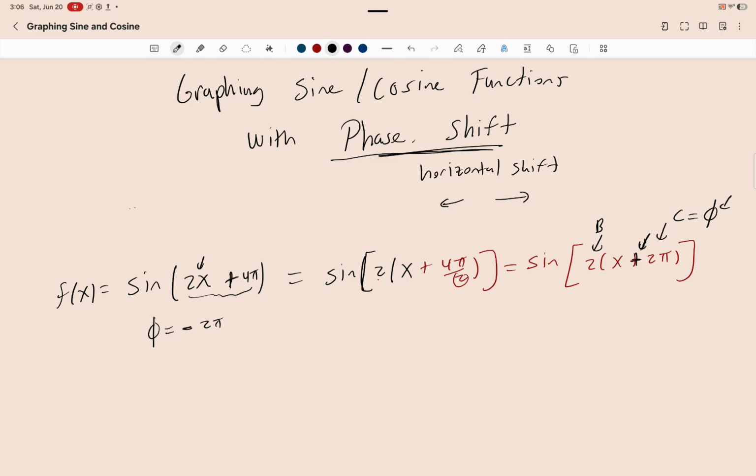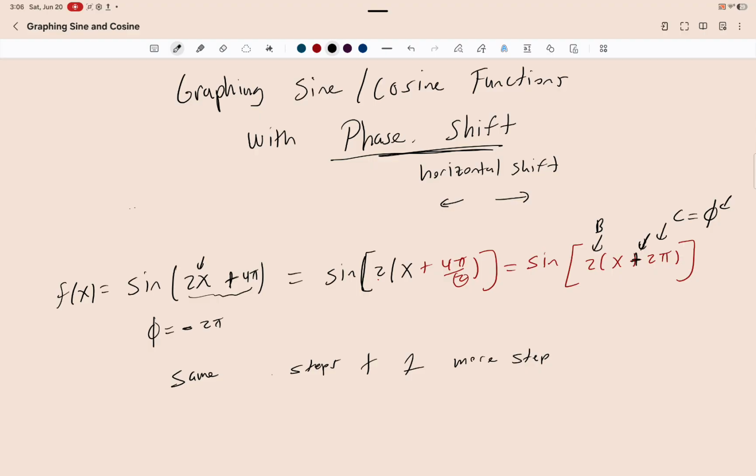Okay, so getting that out of the way, how do we graph this? We're going to have the same steps as previously, plus one more step. Each time we add more complexity to the sine function, that just means we're going to have that many steps.